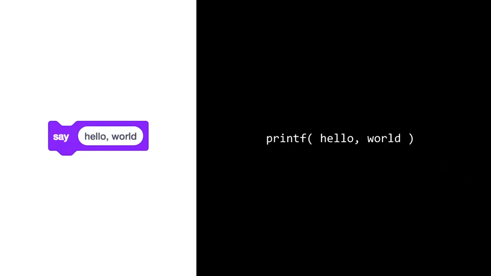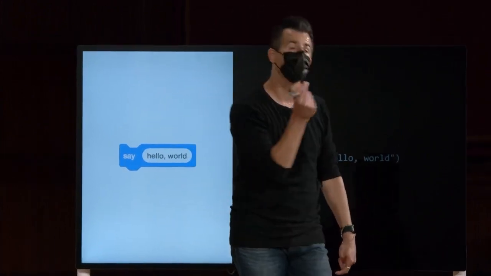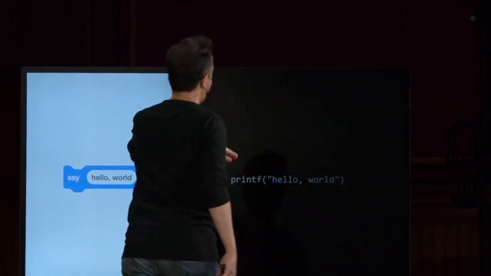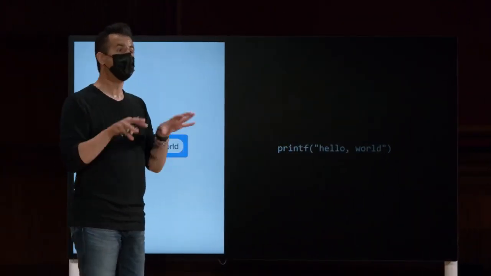Notice, though, if you want to print something like hello world or hello CS50 in C, you don't just write the words as we did last week. You also had to add what? If you notice already, what's missing from this version? Yeah, the double quotes on the left and the right. That's necessary in C whenever you have a string of words, and I'm using that word deliberately. Whenever you have multiple words like this, it's known as a string, as we'll see, and you have to put it in double quotes.